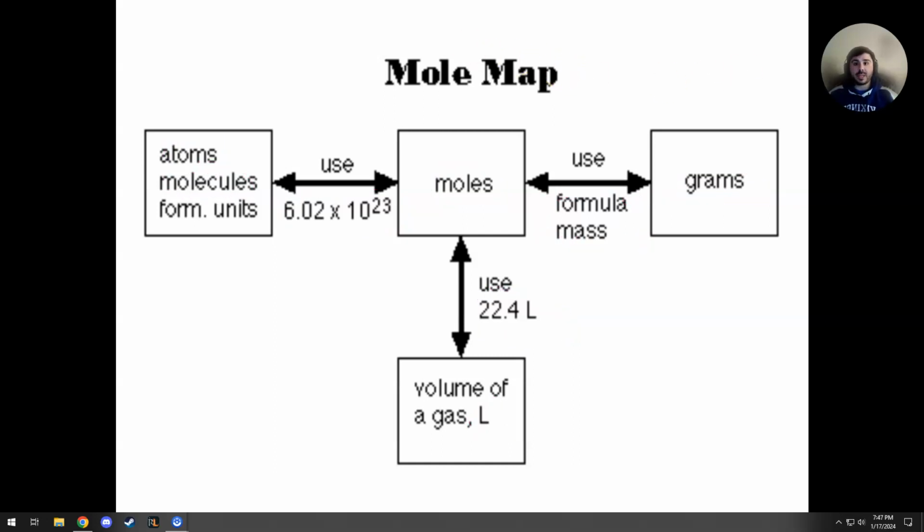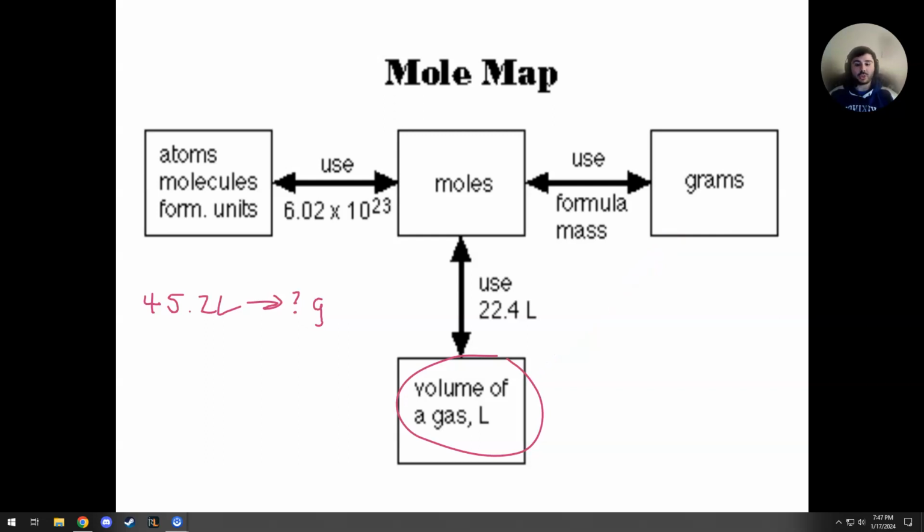Let's say, for example, some question gave you 45.2 liters of gas, and it wanted you to convert that into some amount of grams. Well, you couldn't just say, hey, 45.2 liters is going to instantly go from liters all the way over to grams, right? You can't just do that. You have to stop at moles first.